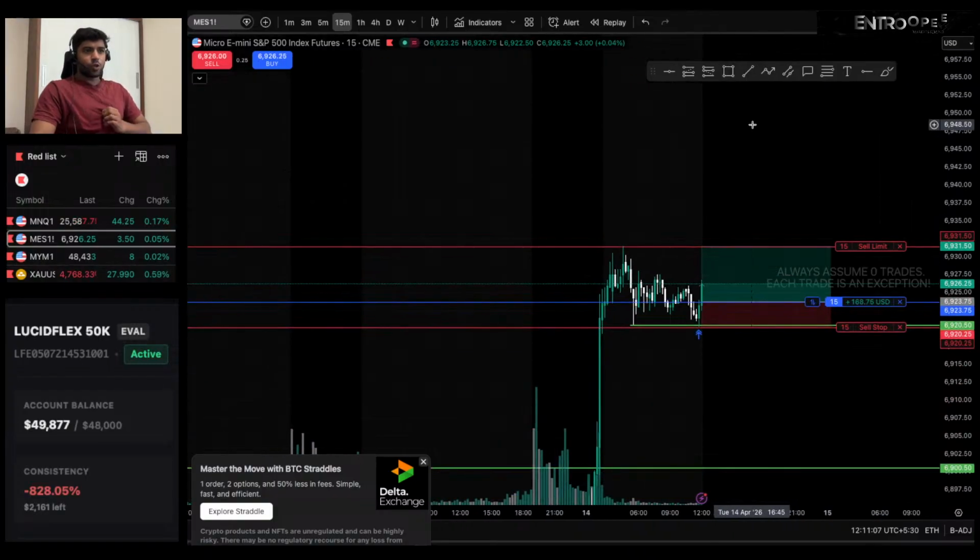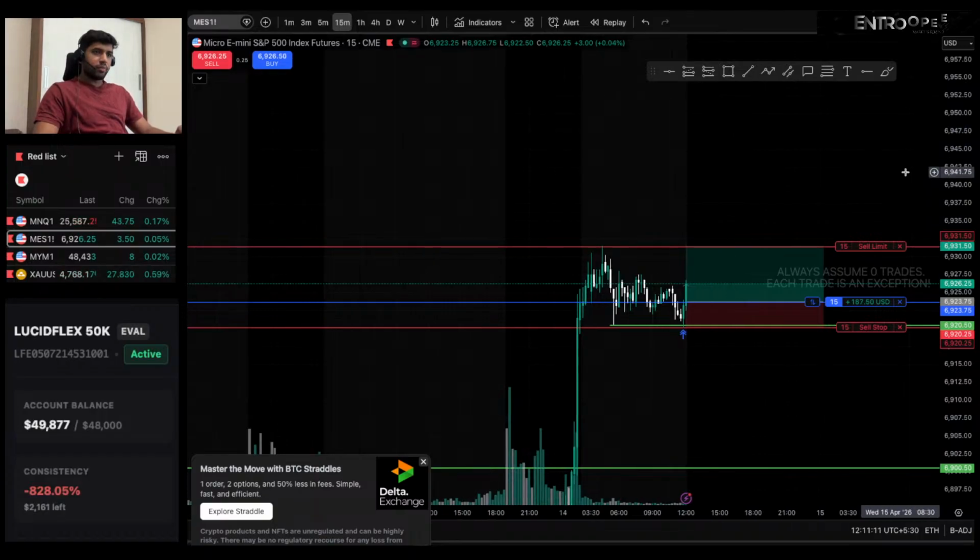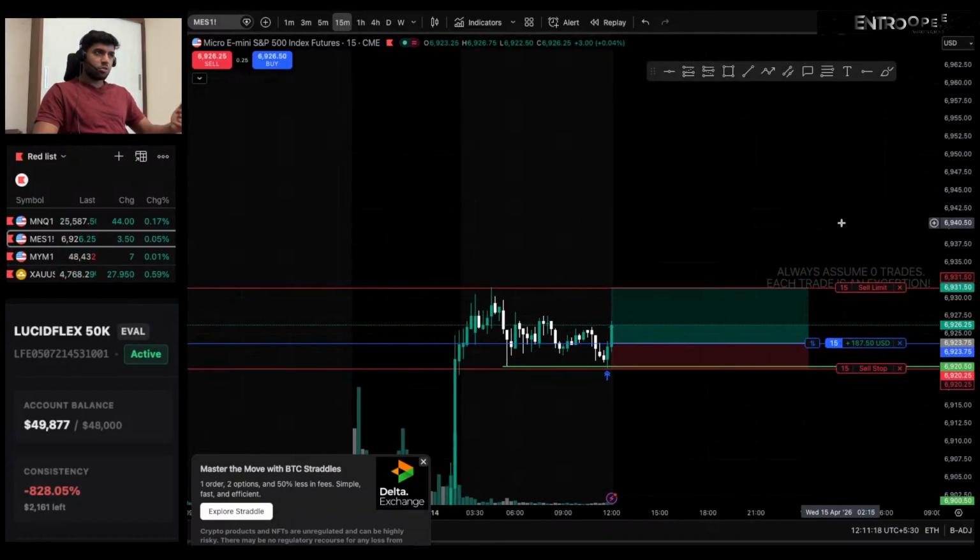If this candle closes very strongly, I'm even willing to move the target a bit higher up and trail this trade because it could even go much higher. So let's see how price reacts and how this candle is formed. We will act accordingly.